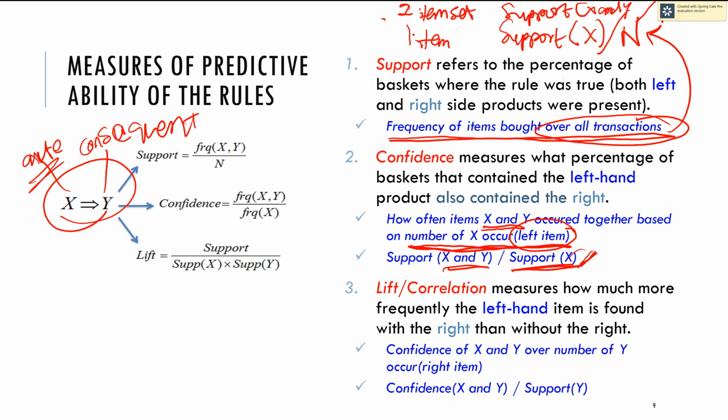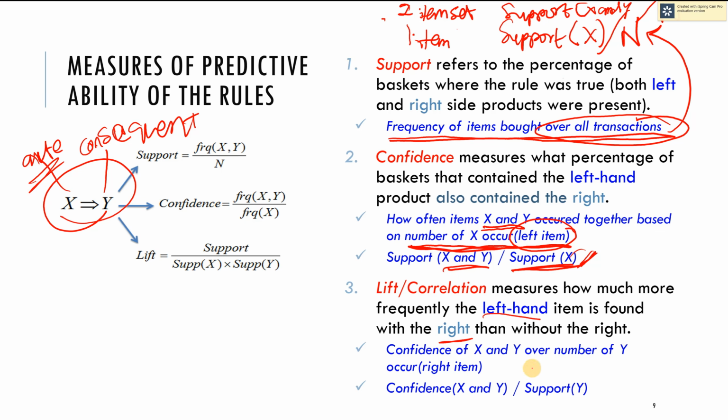Then we are going to learn another measure that is lift, or correlation. In lift, it is actually to measure how much more frequently the left hand item is found with the right than without the right.